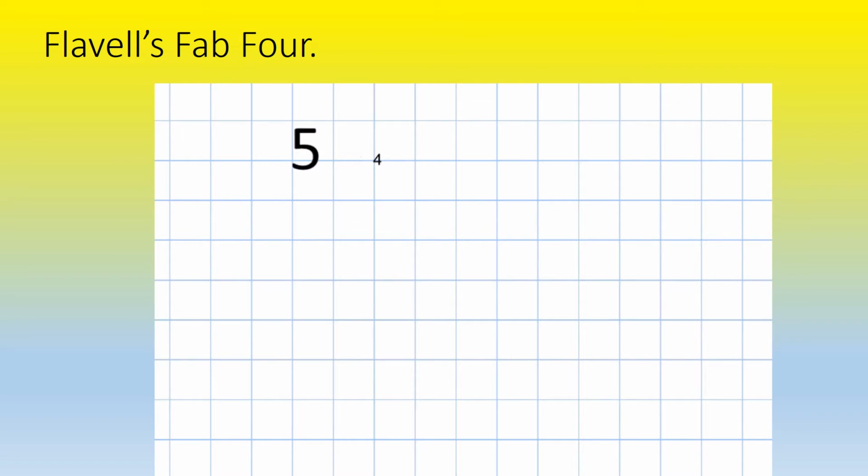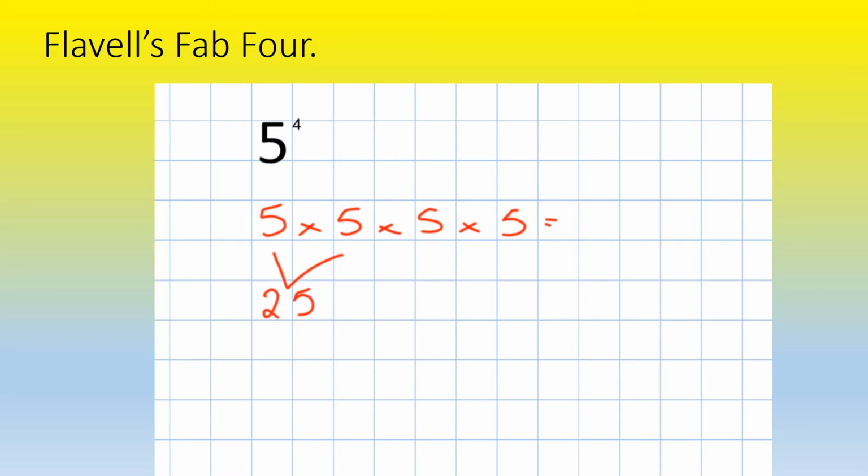So we have our 5 to the power of 4. In our terms, we will be doing 5 multiplied by 5, multiplied by 5, multiplied by 5. Well, first of all, 5 times 5, that's 25. And we times 25 by 5, which gives us, well, 5 lots of 25, that's easy to do, 125. Not much thought needs to go on that one.